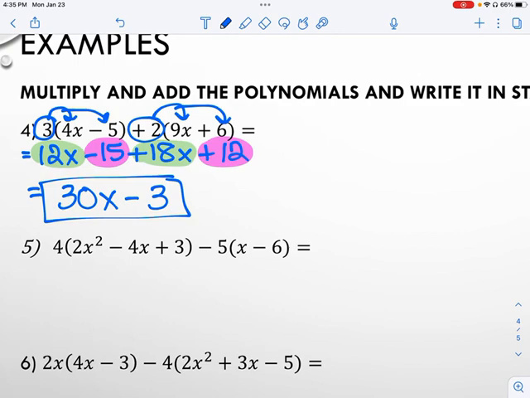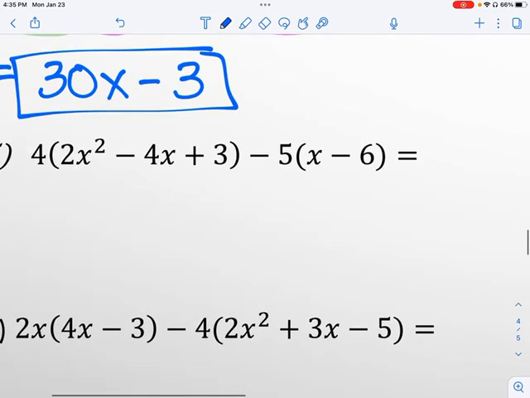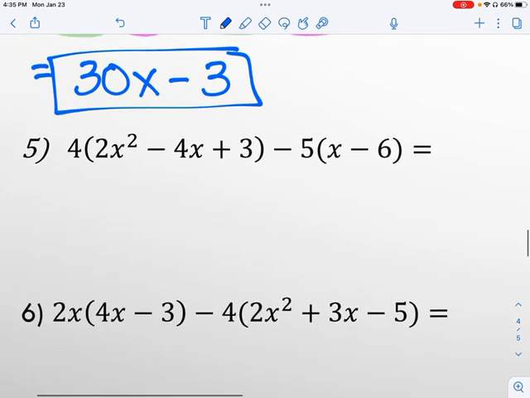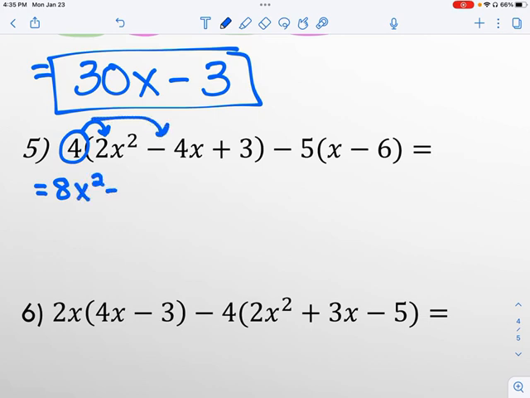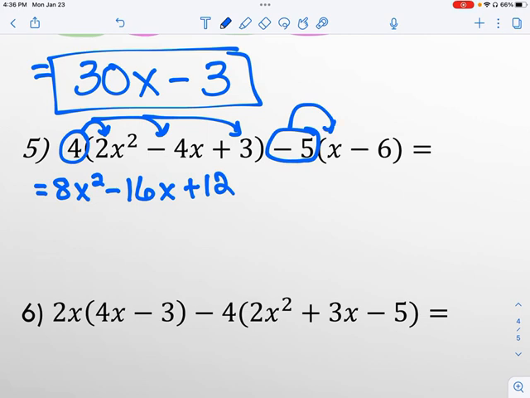Okay, let's try this next one. On this one, I'm going to start with the 4 and multiply by 4 to each term. That gets me 8x squared. Then I take 4 times the negative 4x, and that's negative 16x. Then 4 times 3, which is 12. Now, be careful here. Remember, you're distributing a negative 5. So negative 5 times x is negative 5x, and negative 5 times negative 6 is a positive 30.